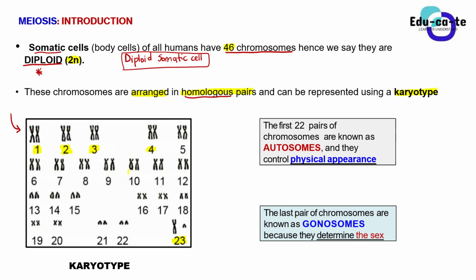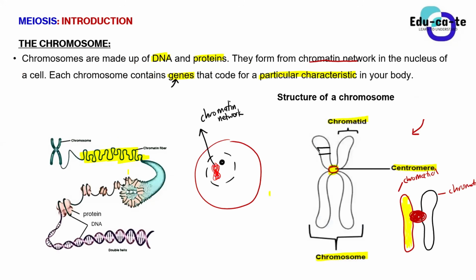Now, guys, I need to remind you that chromosomes have genes on top of them, right? And these genes code for a particular characteristic in your body. So for you to look the way you are, it is because of these chromosomes.